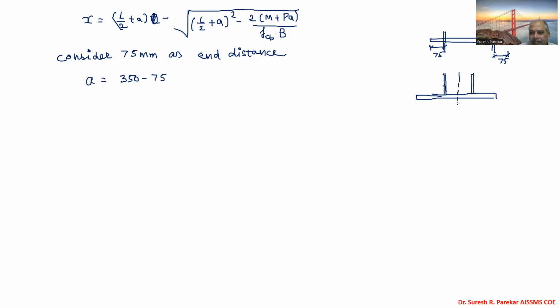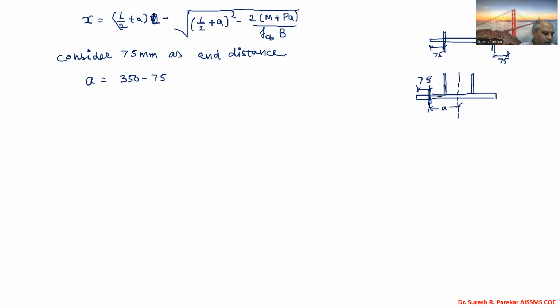And A is the distance from the bolt center to the center of column. So this distance we have A. Now this we have 75. This we have 75 actually.